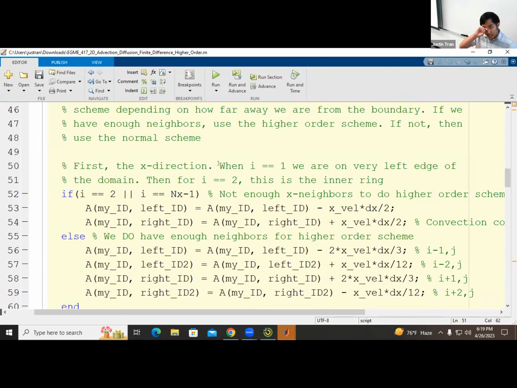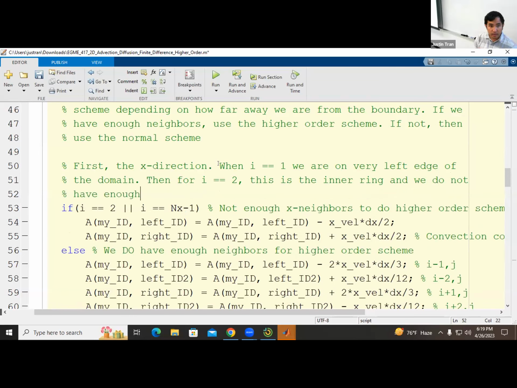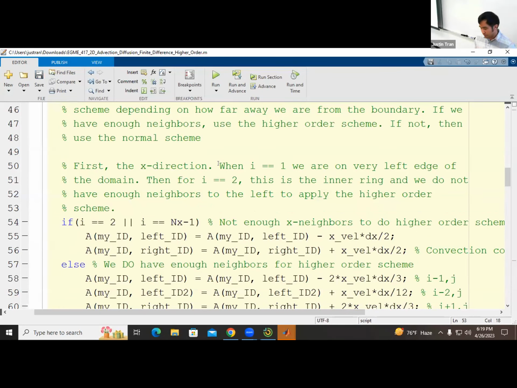So in this case, if we're on that inner ring, at least on the left side, we don't have enough neighbors to the left. When i is equal to 2, that means we only have one neighbor to the left.